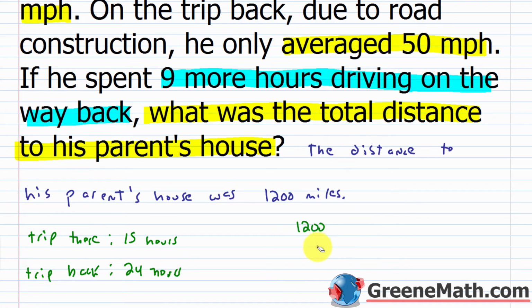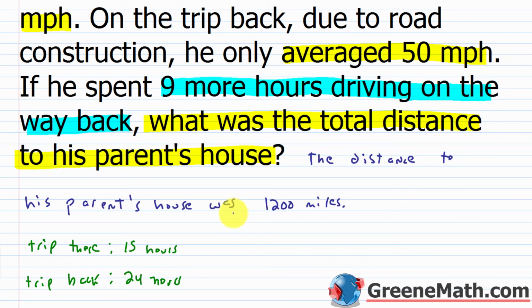And if you look back through the problem, that's what it tells us to expect. It tells us that on the trip back, due to road construction, he only averaged 50 miles per hour. He spent 9 more hours driving on the way back. So on the way back, he spent 24 hours driving. On the way there, he spent 15 hours driving. 24 is 9 more than 15, so we have the correct answer here. The distance to his parents' house was 1,200 miles.